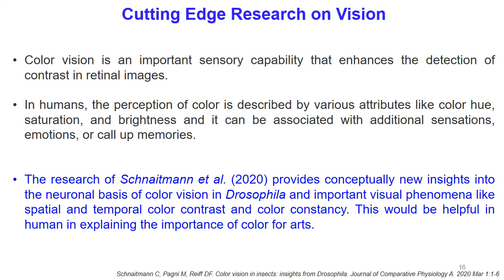So, the research of Schnaitmann et al. in 2020 provides conceptually new insight into the neuronal basis of color vision in Drosophila and important visual phenomena like spatial and temporal color contrast and color constancy. This would be helpful in explaining the importance of color for us.